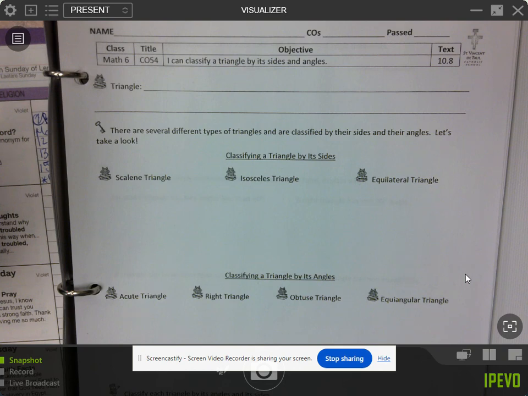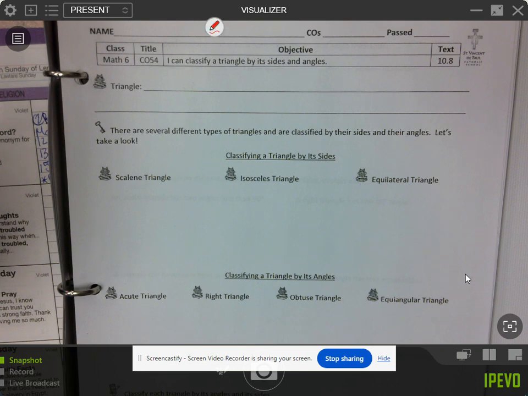So you know which names are side names and which names are angle names. It will greatly help you when it comes to the test. You might say, oh, I know all these names, but you might not know if it's a side or an angle name. So we want to make sure that we differentiate that.